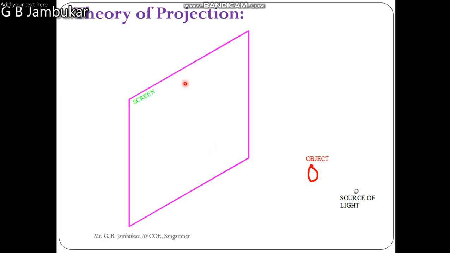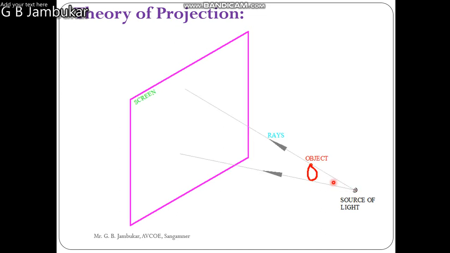See the diagram, there is one screen, there is one object, and the source of light or the observer will observe the object and get the image of the object on the screen. Now so many rays come from the source of light, pass over the contour of the object, and are incident on the screen to get the image.